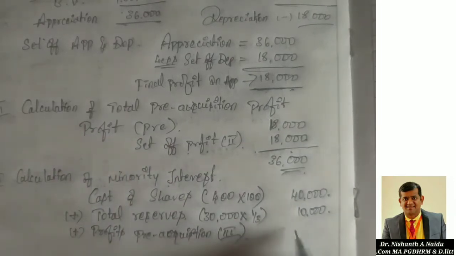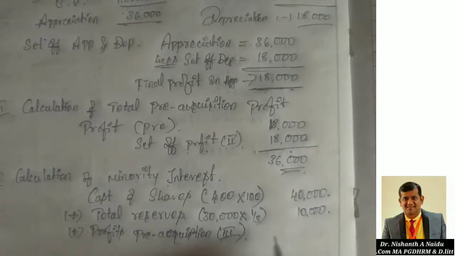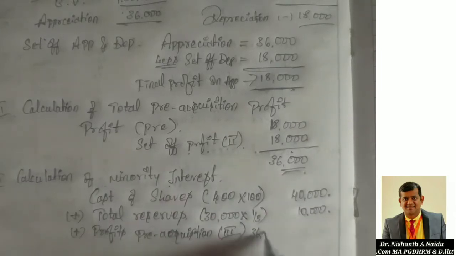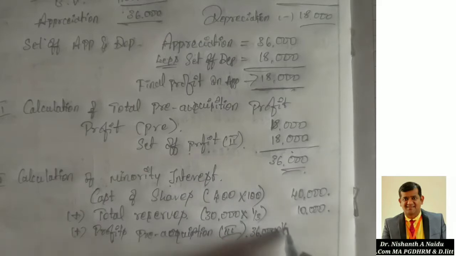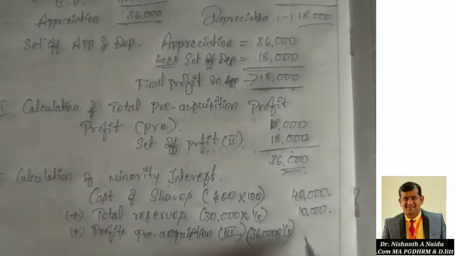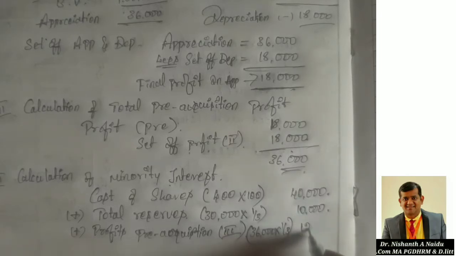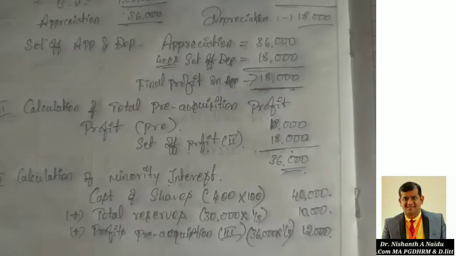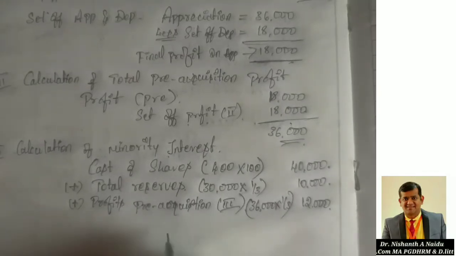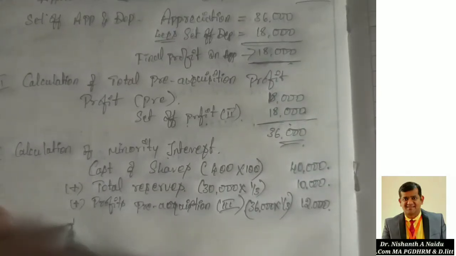Out of step 3, how much did we get? 36,000, correct? 36,000 into 1 by 3. So how much will you get? 12,000. Correct?